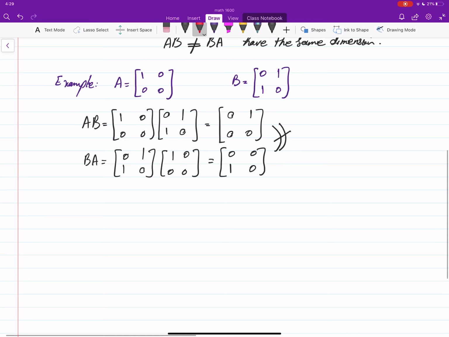But then the nice properties come in. So what are the properties that are nice here? The first property is that matrix multiplication is associative. So it means that if you want to multiply three matrices, you can put parentheses in two orders, and both of them will be the same thing.